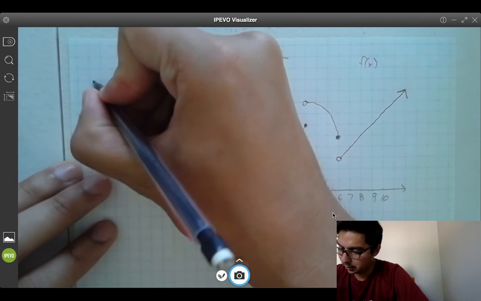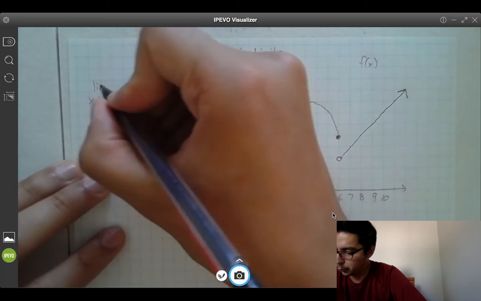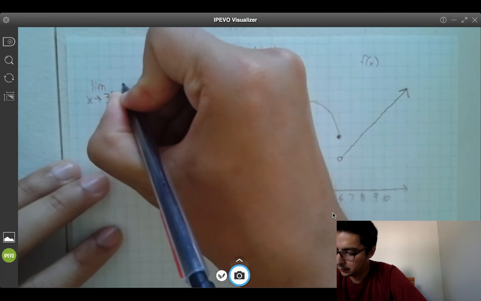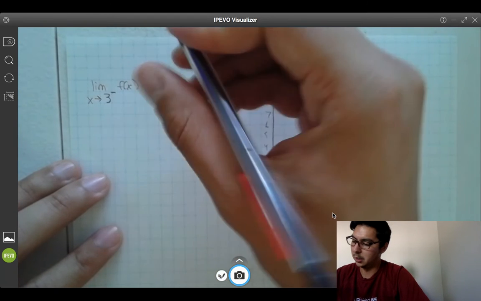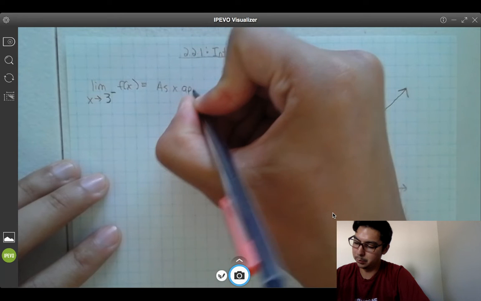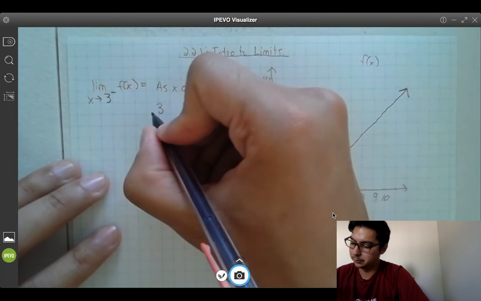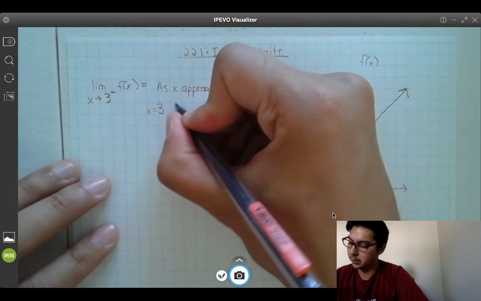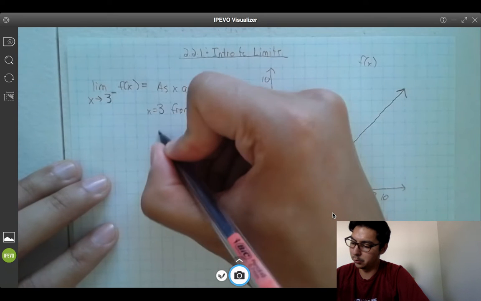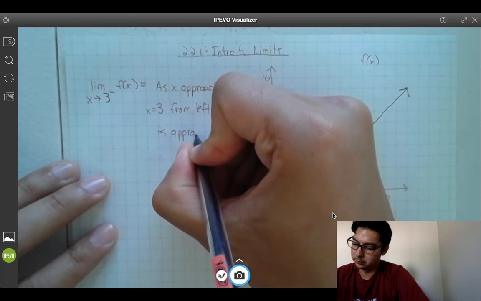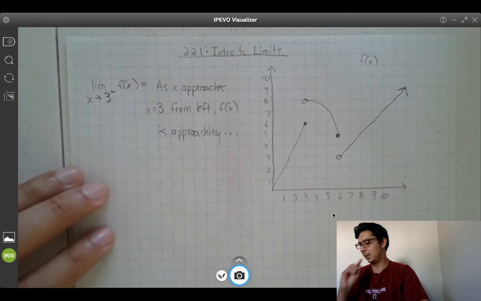So say I put the limit as x approaches 3 from the left of f of x. So what that is saying is, as x approaches 3, and that would be like x equals 3 from the left, f of x is approaching... So that's kind of how you say it.